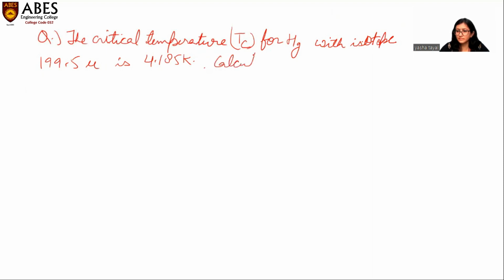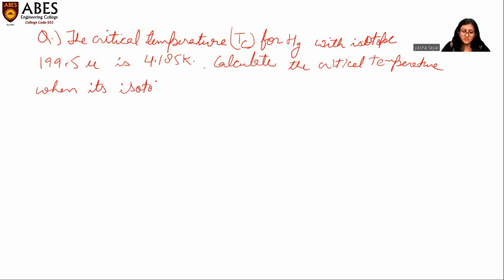Calculate the critical temperature when its isotopic mass changes to 203.4 atomic mass unit.